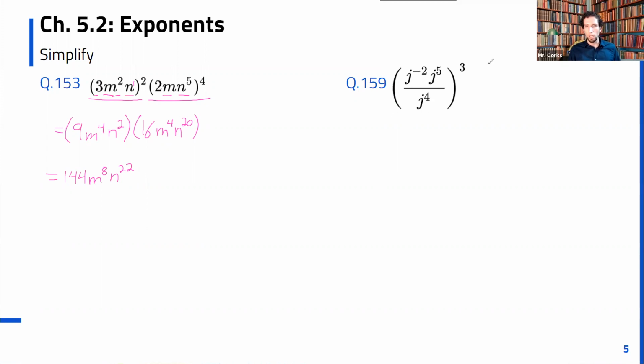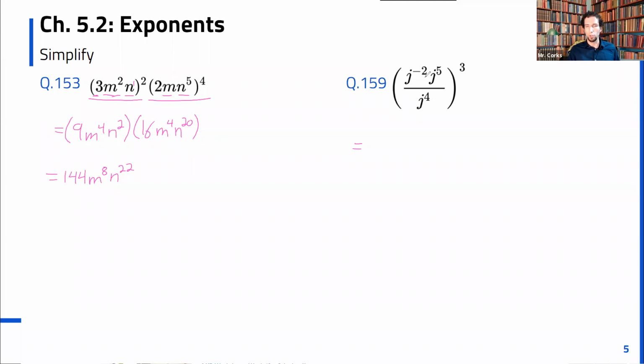All right, our next one here on the left. What's the first thing that you would do here? Calculate the j to the minus 2 times j to the 5. Okay, right, the top of the fraction inside the brackets.